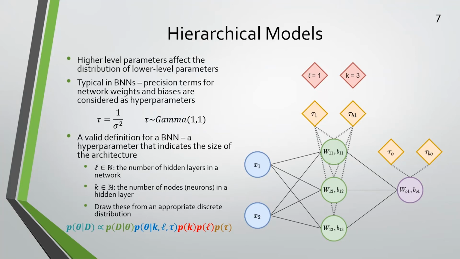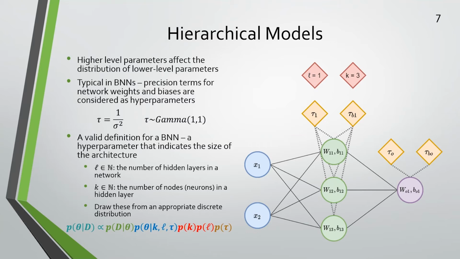Hierarchical models are those where all of the parameters in your model are not necessarily independent of each other. So in the Bayesian neural network introduced on the previous slide, we're again assuming this perhaps naive independence between parameters, which means that all of these parameters exist on the same level.